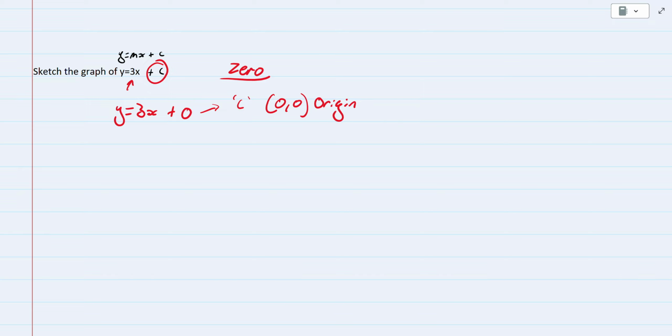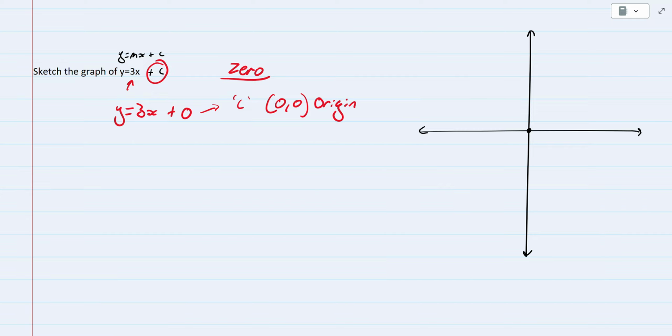So on our graph, we're going to have a line that passes perfectly through the center of our Cartesian plane. Tell you what, that's a pretty good graph considering I don't have a ruler.